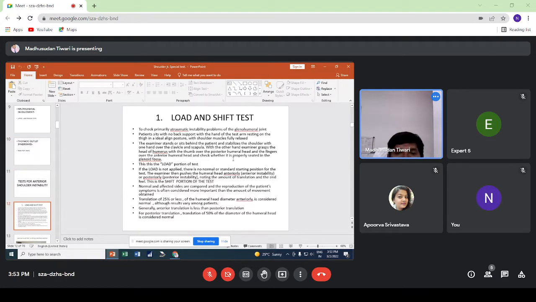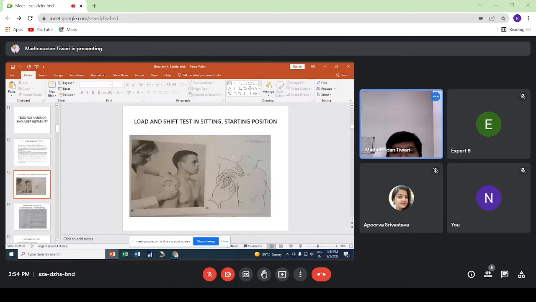This test is done by the load and shift test in sitting position. See, the patient is in sitting position. You can see the anatomical structure of the shoulder joint: the glenohumeral composition, this is the clavicle, the acromioclavicular joint.